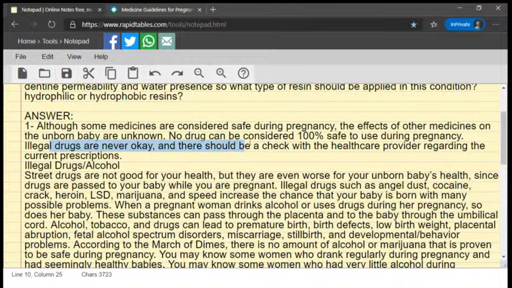Illegal drugs are never okay, and there should be a check with the healthcare provider regarding the current prescriptions.